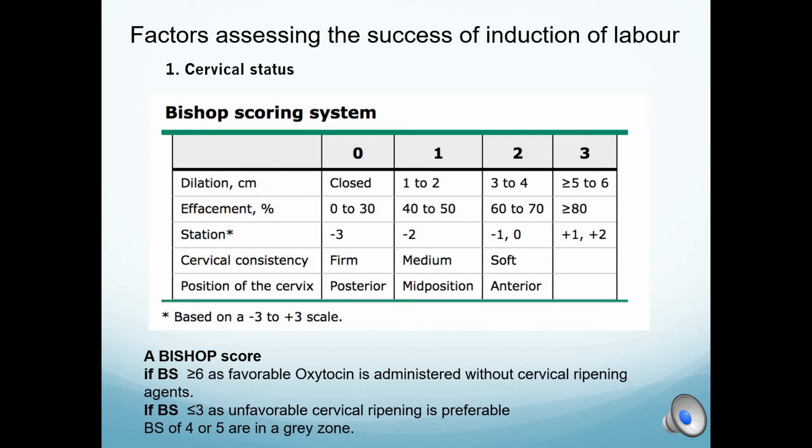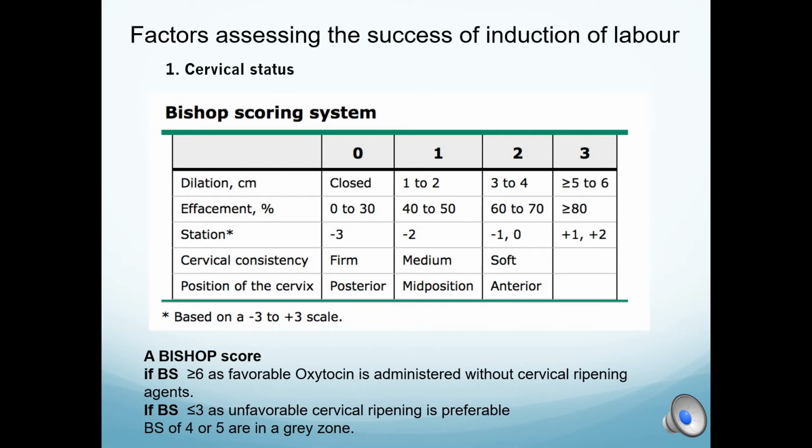The Bishop score is a system which involves assessing the cervical dilatation, effacement and the station of the head, as well as cervical consistency and position of the cervix. If the cervix is closed, it will be scored 0. If it is 1 to 2 cm, it will be scored as 1, and if it's 3 to 4 cm, it will be scored as 2. But if it is 5 cm or more, it will be scored as 3.